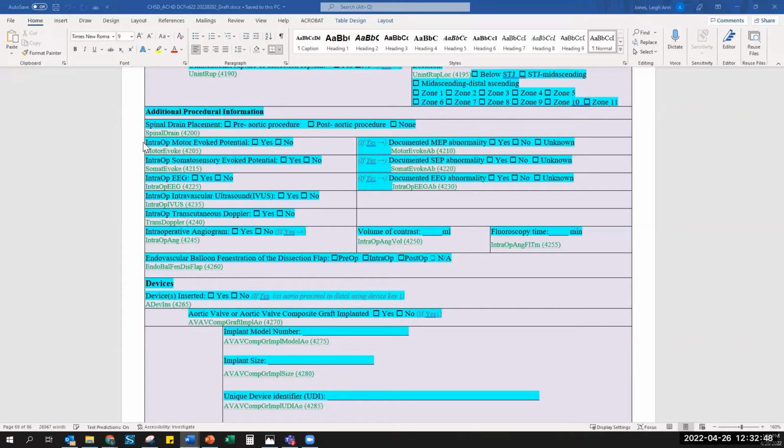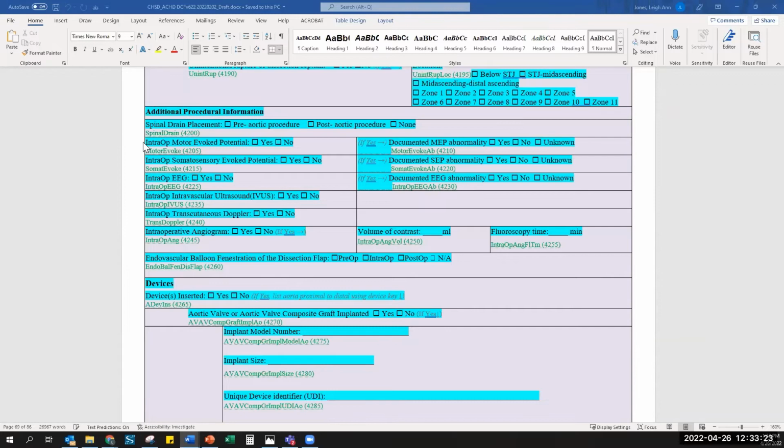So you may see some changes in the function during an aortic procedure that could indicate spinal cord injury. That's why a lot of people do monitor this motor evoked potential. So if that was used, we want to know yes or no whether you used it. And if you did use it, was there an abnormality noted during the procedure?